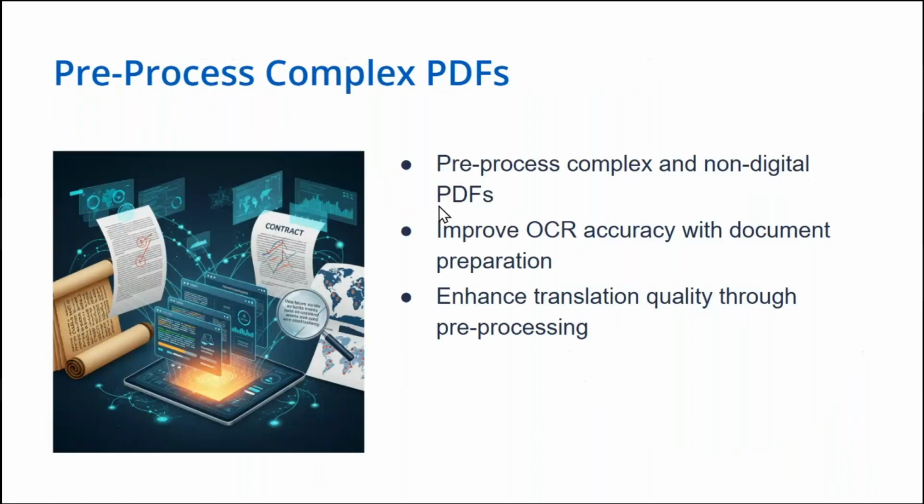So when we have really complex PDFs, like scanned or flattened, it is advisable to talk about pre-processing those documents. If you don't get the original source document, it is important, if possible, to pre-process those PDFs, because not every PDF is clean and digital.